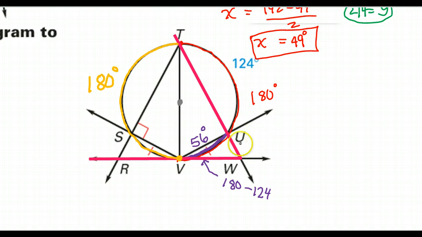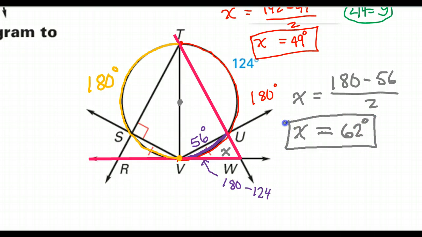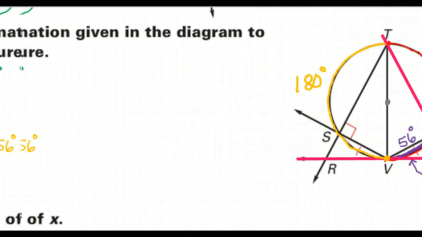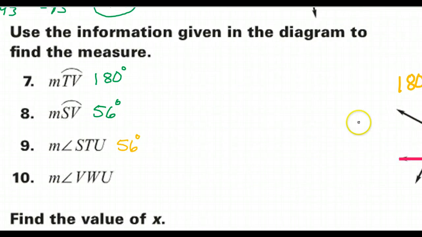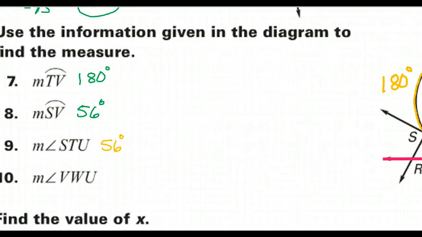So if I want to find, and I'm going to just call this x again, x is going to be the big arc minus the small arc divided by 2, and that is going to be 62 degrees. Okay, so that is the answer to number 10. Wait, I forgot to put it down over there. 62 degrees, let me put it over here.